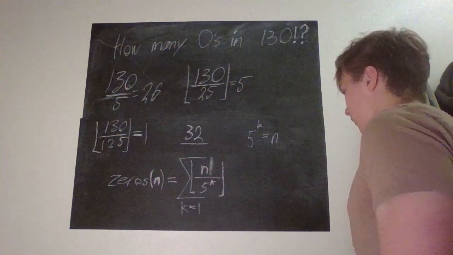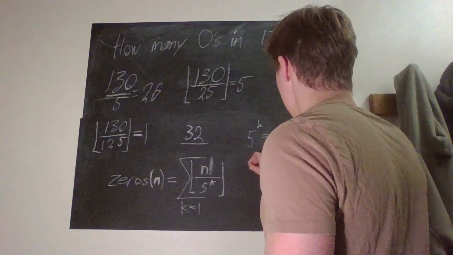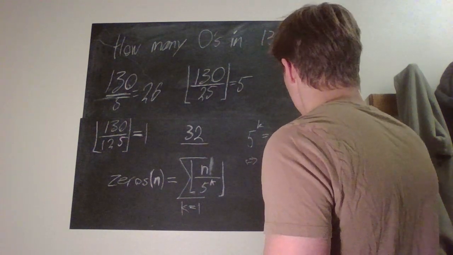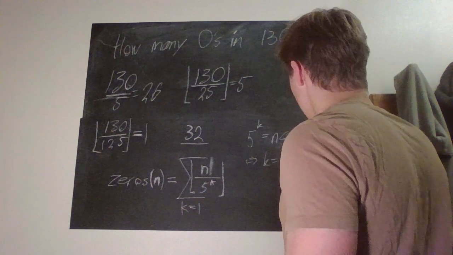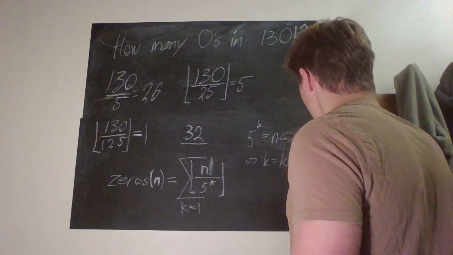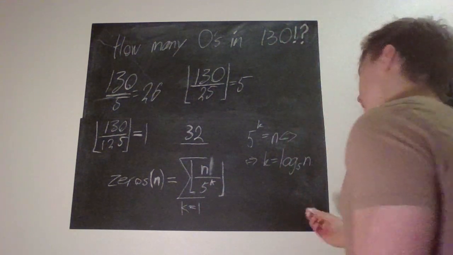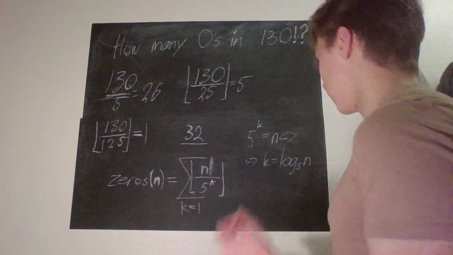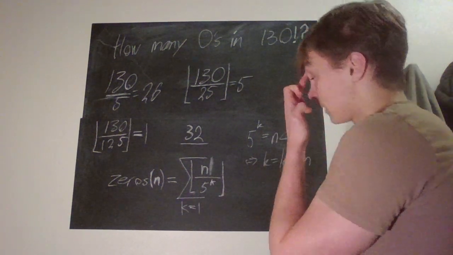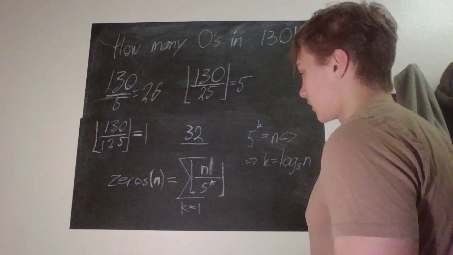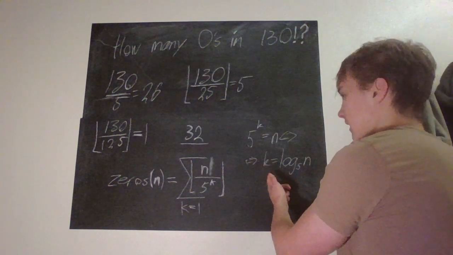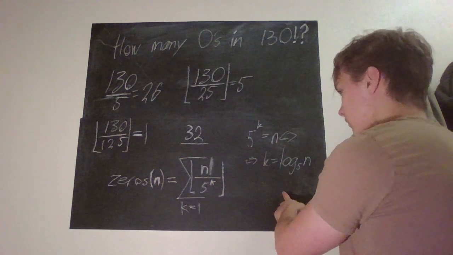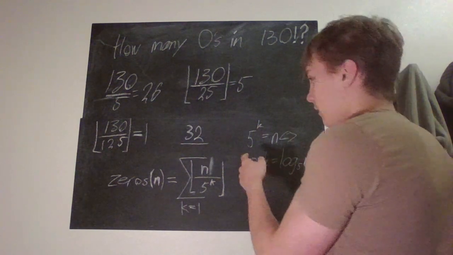Okay, and this gives us that k is equal to the 5 logarithm of n. And what do we actually want here? Well, of course, we want the floor of this, because k has to be an integer, right? So think about this.